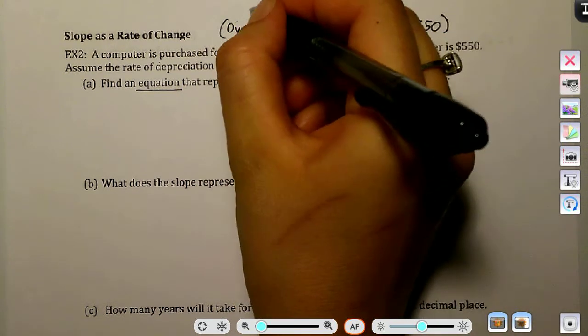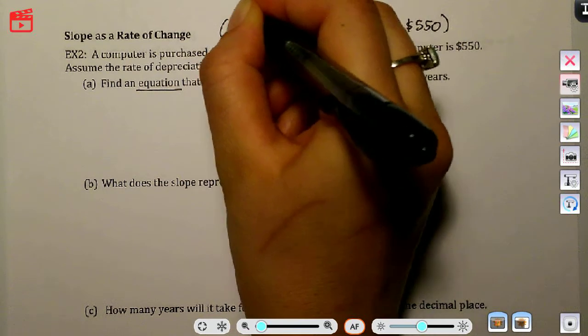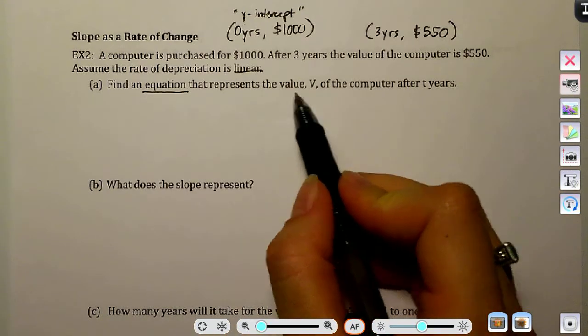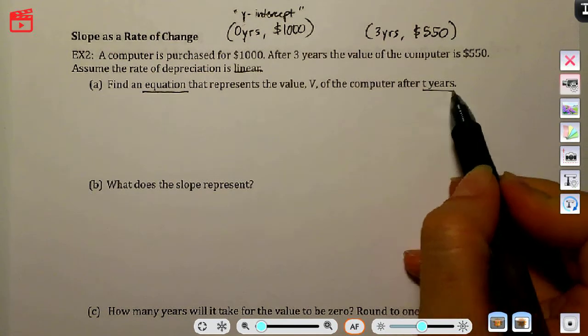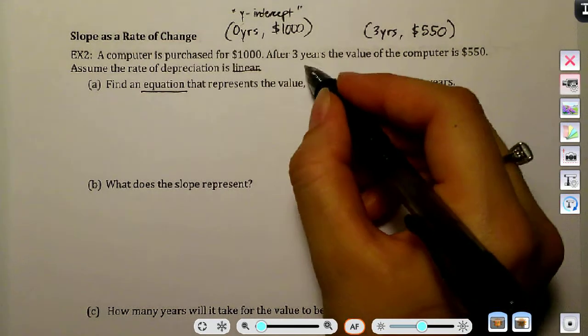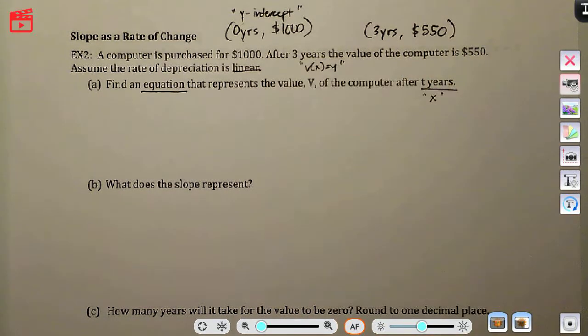So this is my y-intercept. But notice in this problem, you need to use v and t. So t is my x values, and v, or v of x, is my y value. Remember, generically we use x and y.